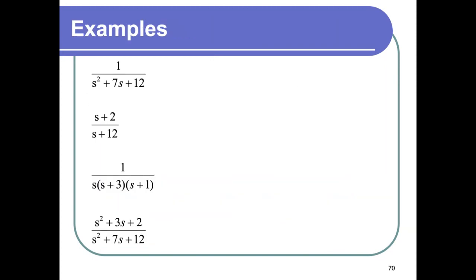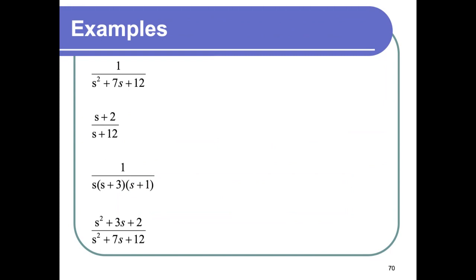So is this one proper or strictly proper? What kind is it? The first one. Somebody tell me. Yes, Fauzi. Strictly proper? What about the second one? Just proper. Yeah, similarly, the third one is strictly proper, and the fourth one is proper.